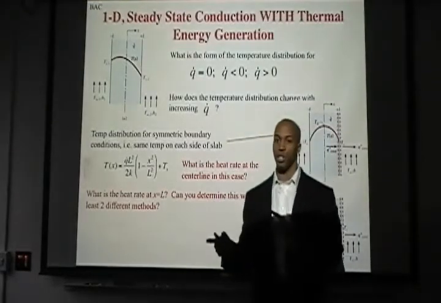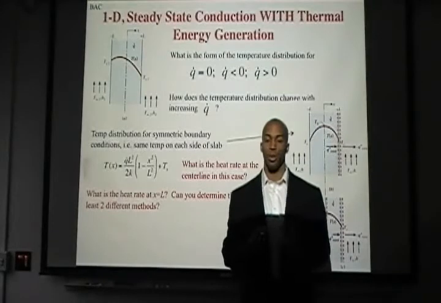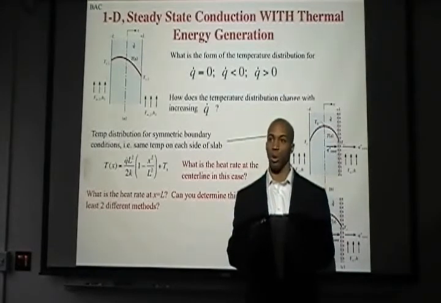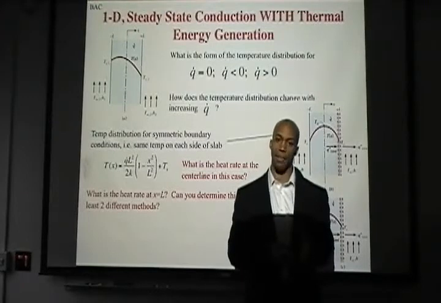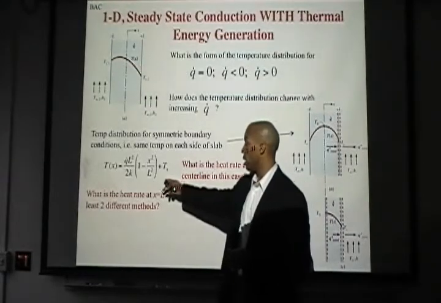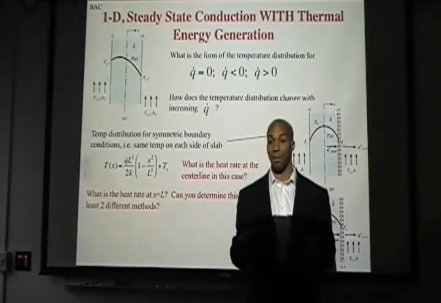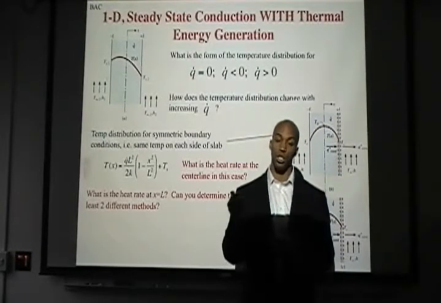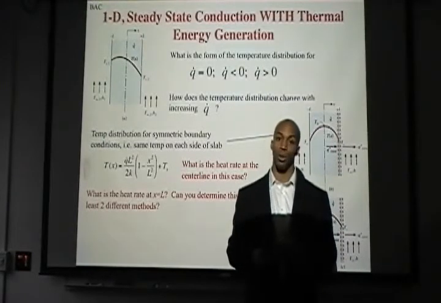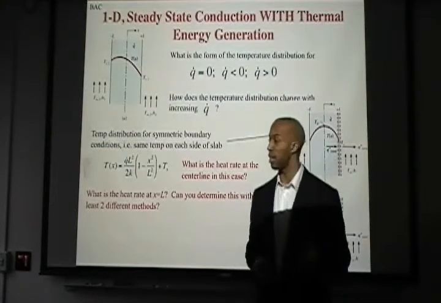One way we thought about the energy, we thought about the problem intuitively or in a more physical sense. Well, all energy generated in this half has to leave, therefore what's the total amount of energy generated in that half? And then the second way, we take our mathematical expression for the temperature distribution, plug it into Fourier's law, and solve for it at x equals L or x equals minus L to get our solution.